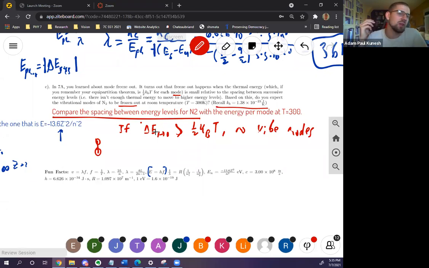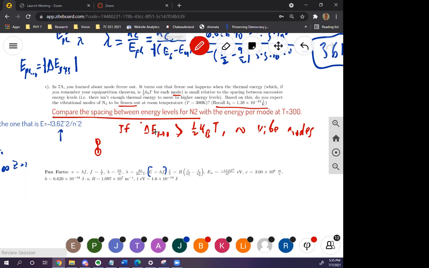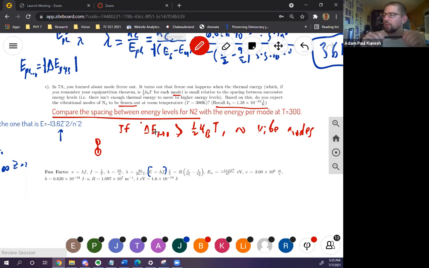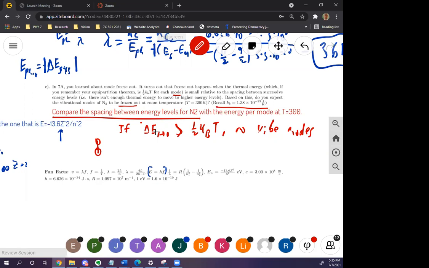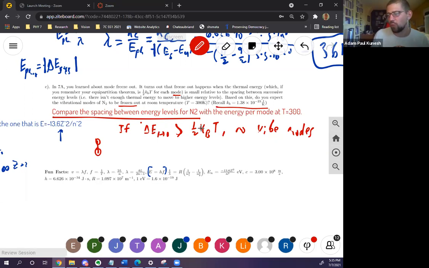I could also pick 3 and 2, but in my head, the reason I picked 1 and 0, keeping it low, is because when the energy is low, we're near the ground state, which corresponds to not vibrating very much. Isn't it possible to also go from 0 to 1 instead of 1 to 0? Sure. I picked 1 to 0 because it keeps our sign positive. But yes, the magnitude will be the same, 0 to 1 or 1 to 0.